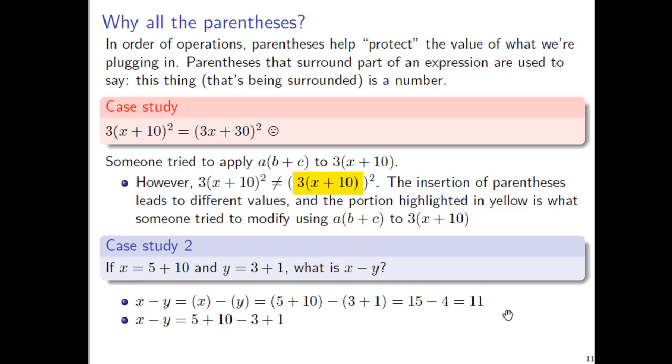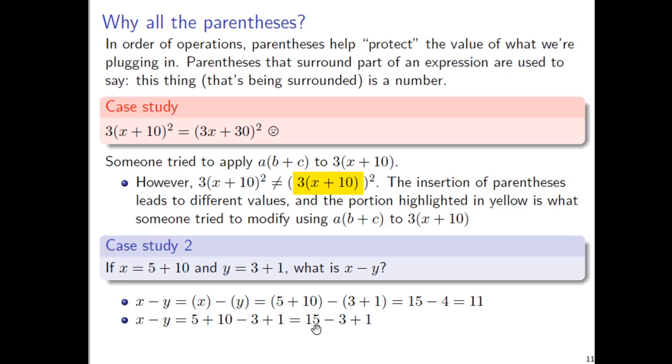Sometimes the error that people will try to make is to do all of this without any parentheses at all, and they'll just write 5 plus 10 minus, they're copying the minus sign, and then the y here, people will tend to replace with 3 plus 1. And let's just take a look at what we get from this. So, we read all plus and minus signs from left to right. So we'll simplify this first plus, and we'll have 15.